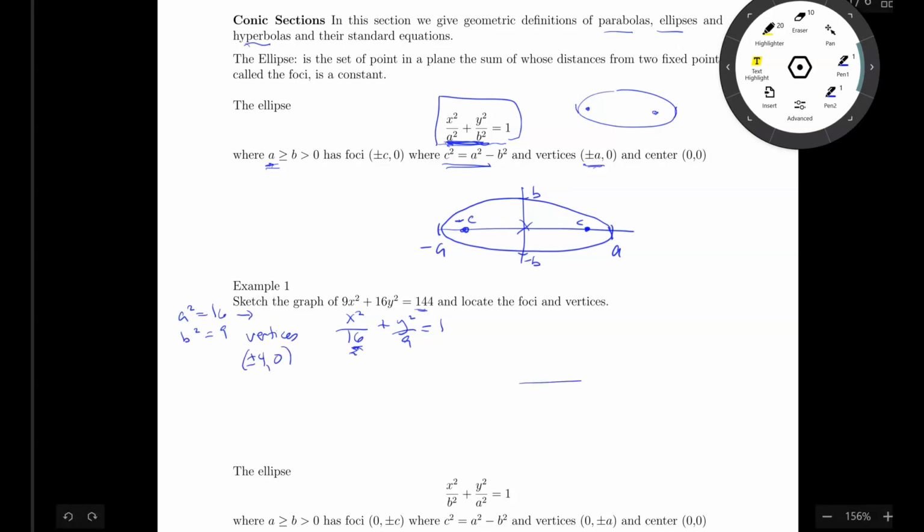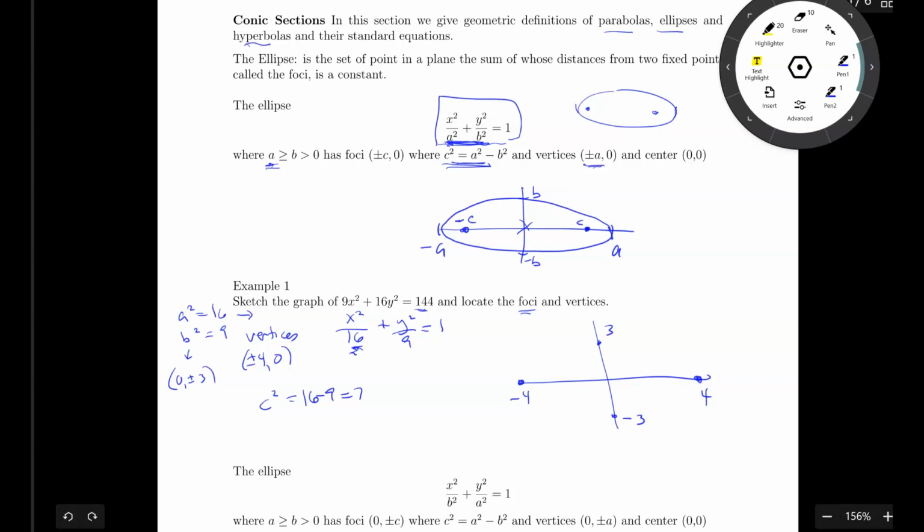So let's even get that part of the graph going. Here's 4, here's negative 4. Then this is the B, so the other vertices are going to be 0, plus or minus 3. So 3, negative 3, and then it's necessary to find the foci. The focus is going to be the value of C, and how I find C is 16 minus 9, so that gives me 7.